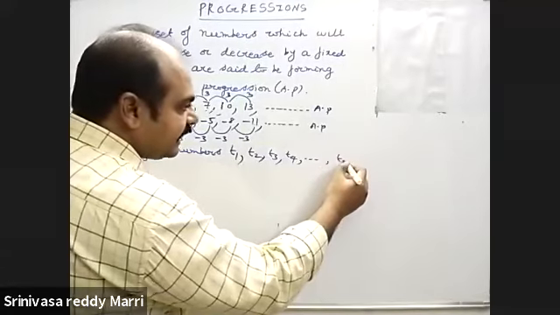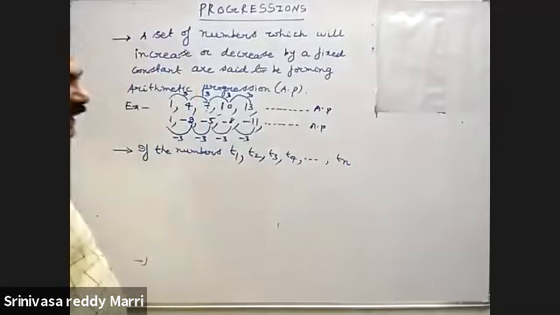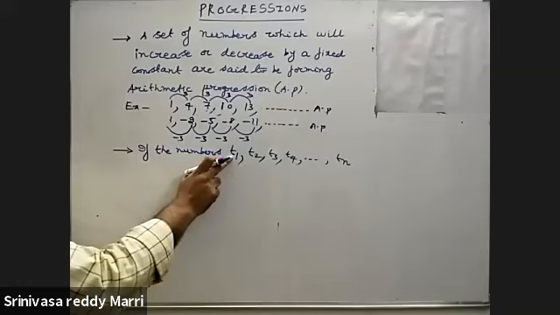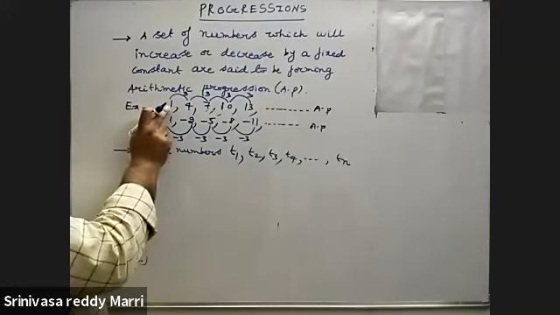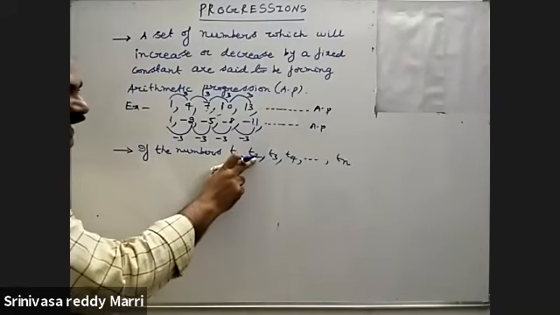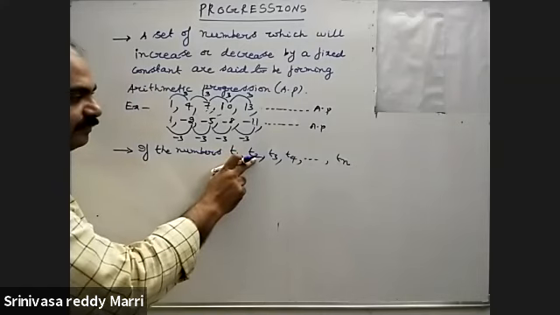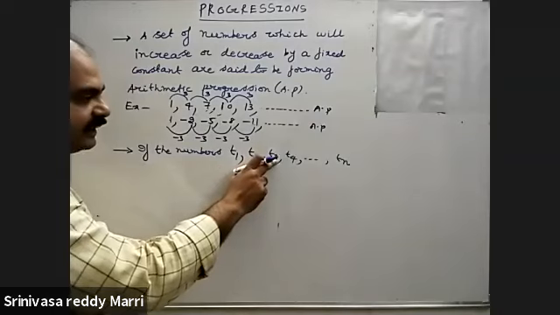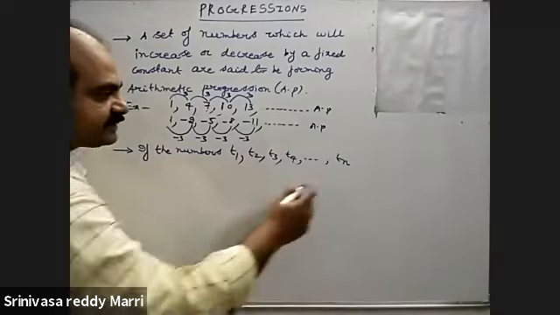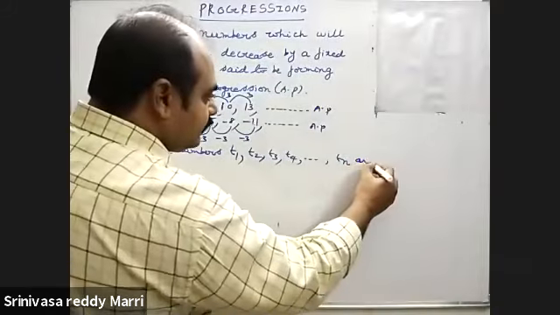Let us take n numbers. This is called the first term, second term, third term, fourth term, and so on. Let us say they are in AP.